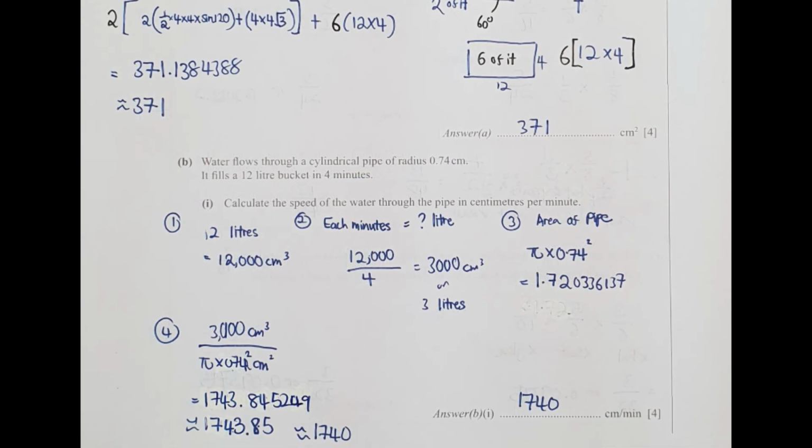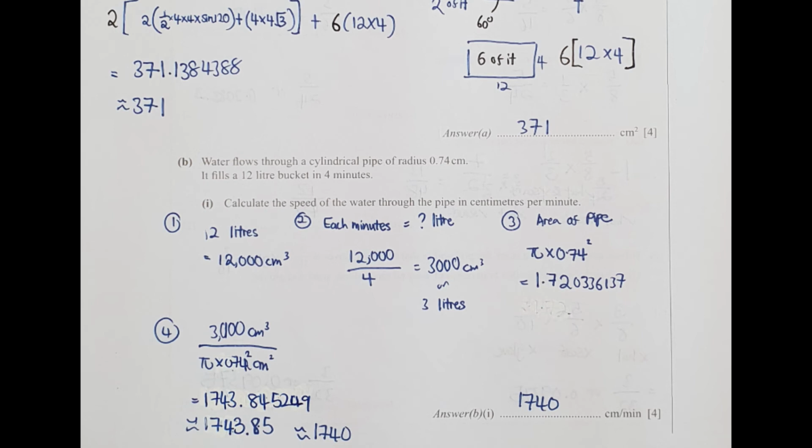Part B. So things to take note is 12 liters can be converted into 12,000 cm cube. So I'm calculating each minute how many liters can go through, which is 3 liters. Then I calculate the area of the pipe, which is pi times 0.74 square is 1.72033637.